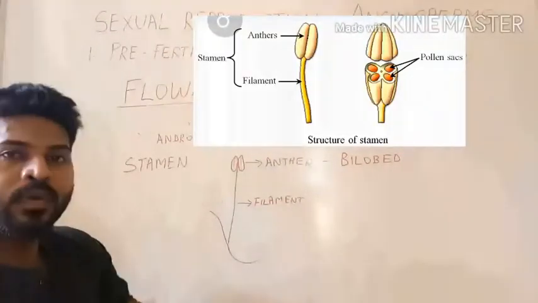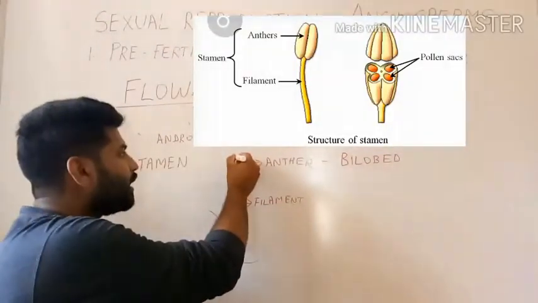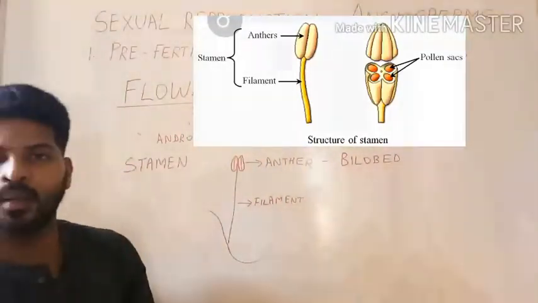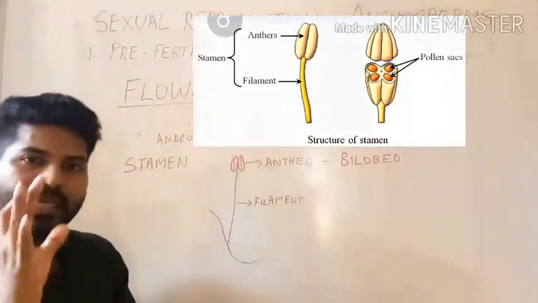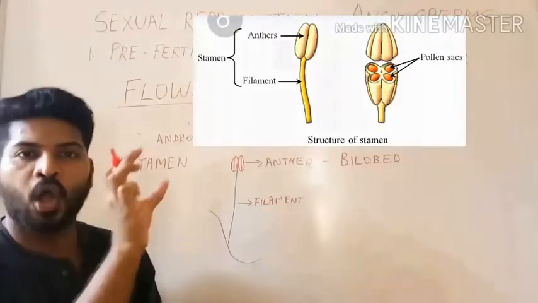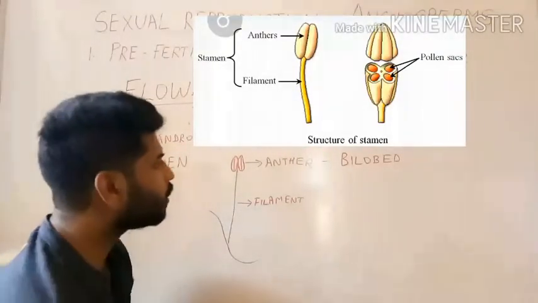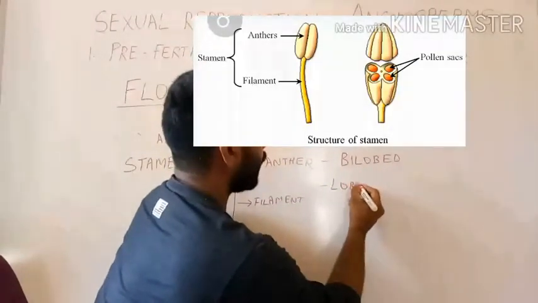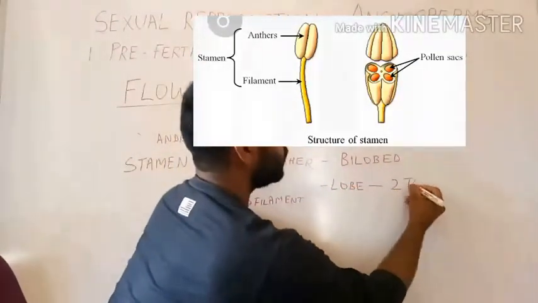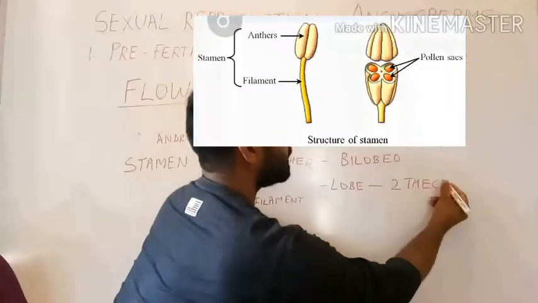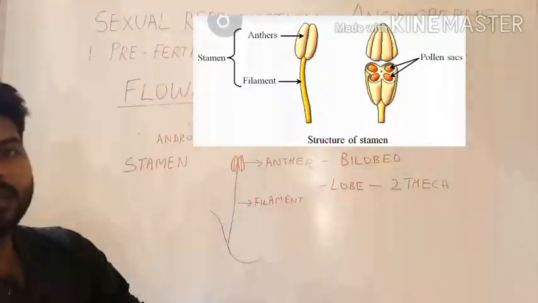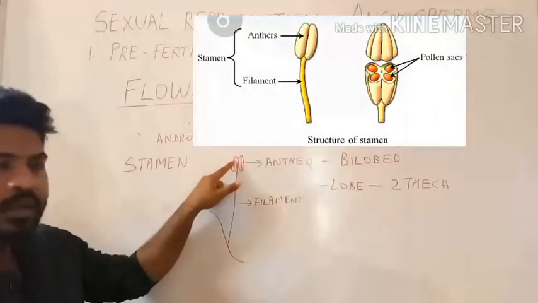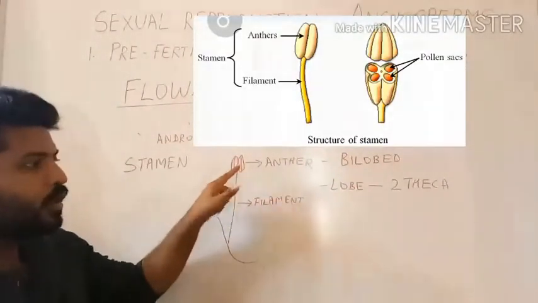Now each lobe is further dissected by a longitudinal line, which can be clearly seen under the microscope. In each lobe, at the corners, there are what are called theca. So one lobe has 2 compartment-like structures called theca, two theca in one lobe, another two in the other.